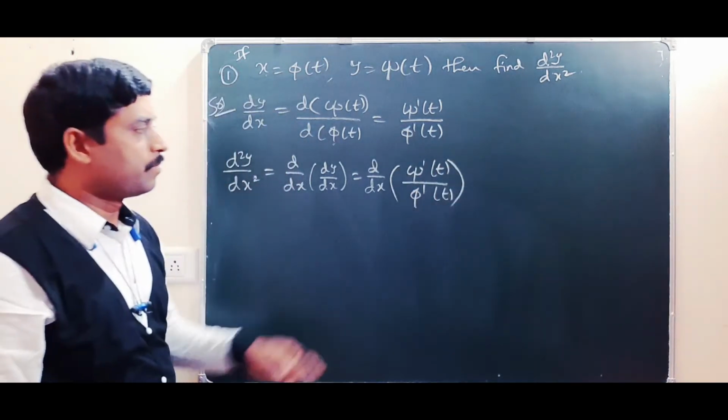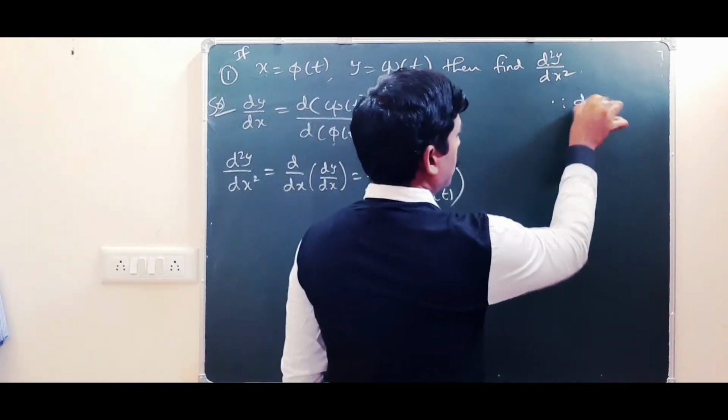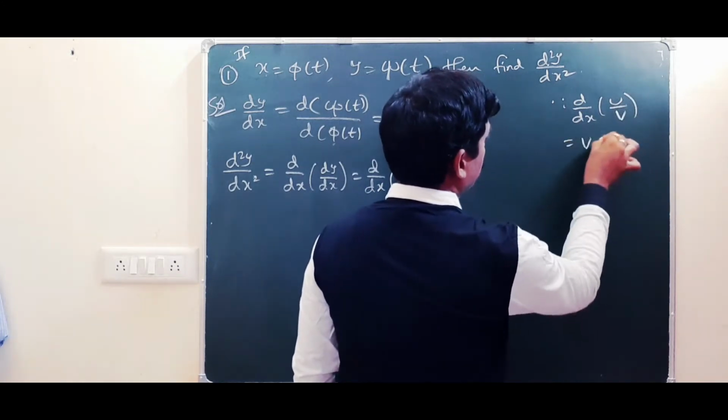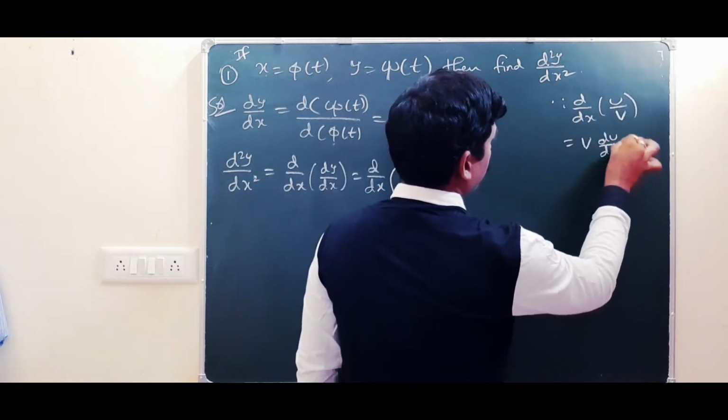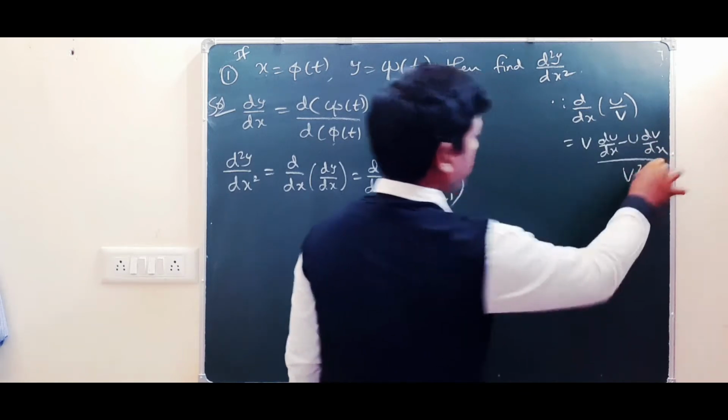So by using the u by v formula, we have d by dx of u by v equals v into du by dx minus u into dv by dx, divided by v square.